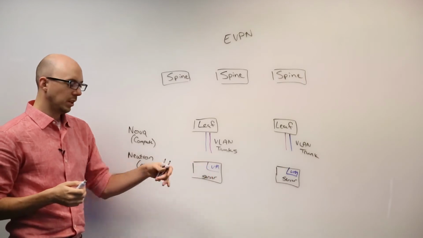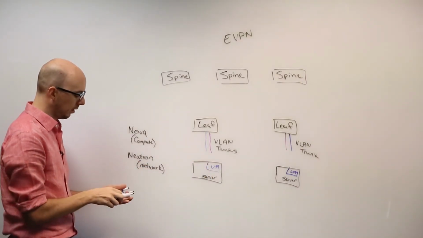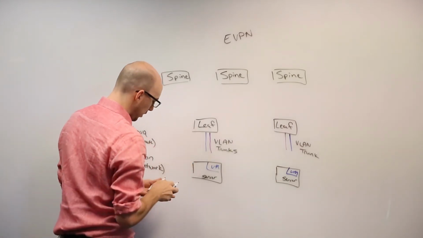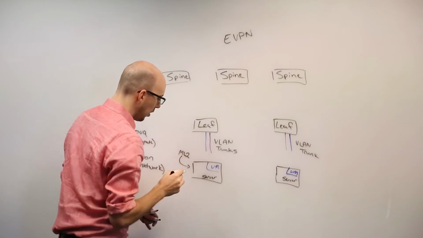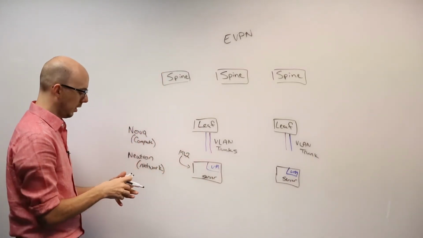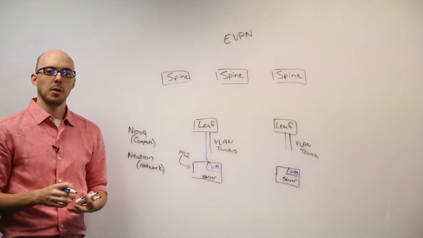As a virtual machine is provisioned, OpenStack Neutron builds my network connectivity. It will provision, using the ML2 plugin on the server, the appropriate VLAN to connect into that top-of-rack switch.